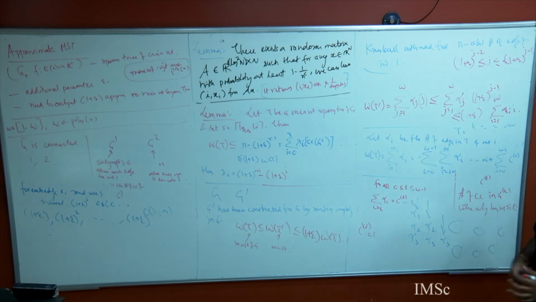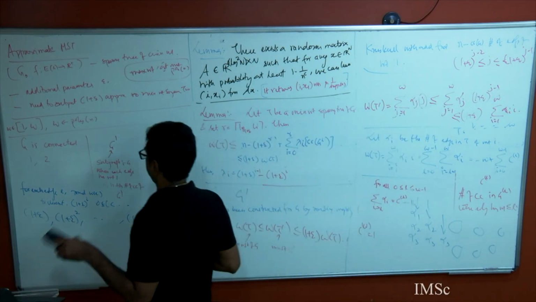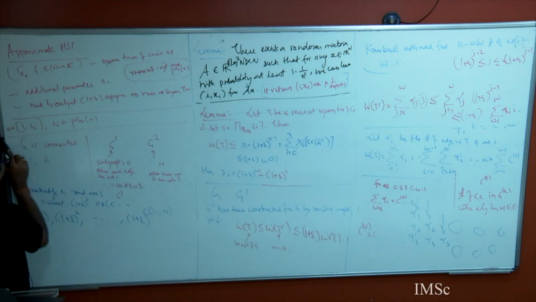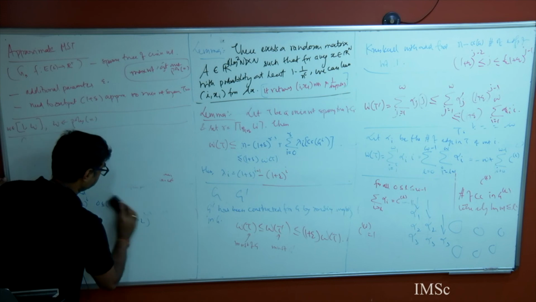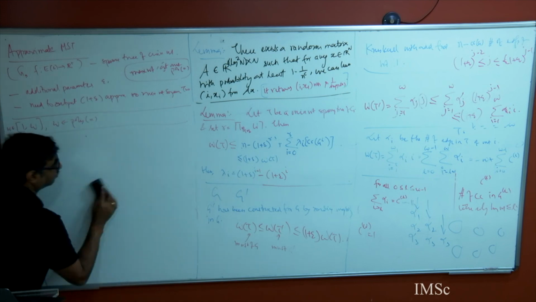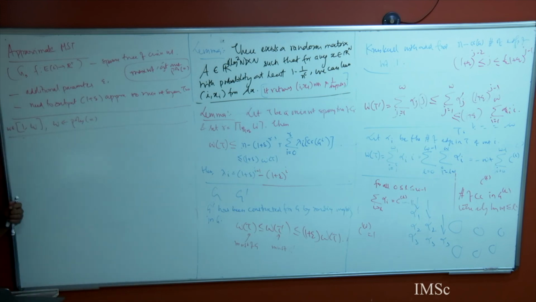So this is one. And now if this is given to me, then I can maintain my approximation. How? When edges are coming, I try to maintain a spanning forest for each weight. For each weight, I will try to maintain a spanning forest.